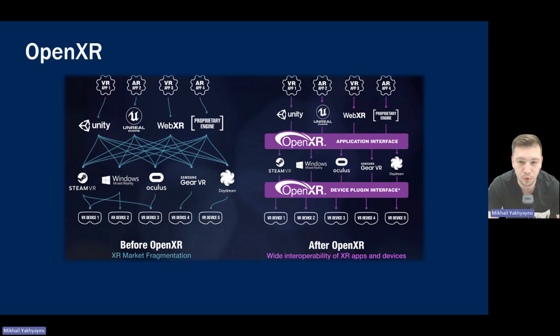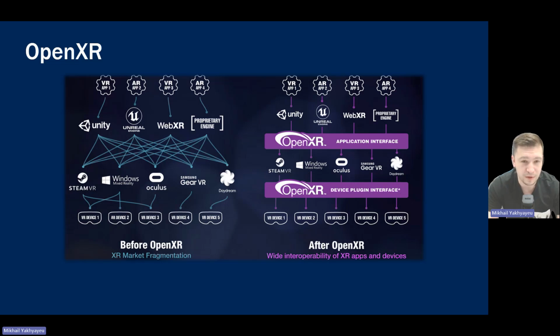So what is the problem that was solved by OpenXR? On the left, you can see that we have a number of applications and a number of engines and editors with which we can build XR applications.